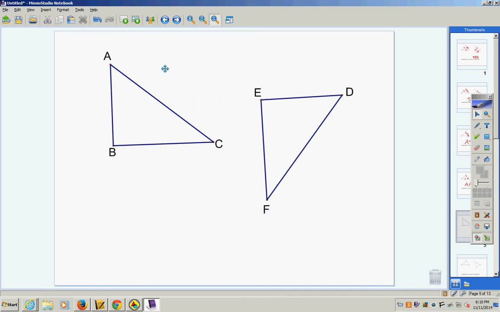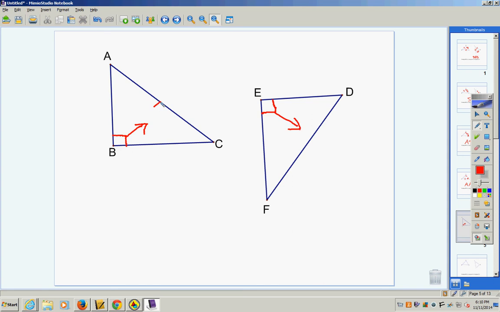Okay, so you know those triangles are congruent, right? All right, but in order for these to be congruent, I'm going to label a couple things. First of all, we know that these are right angles because these are perpendicular. So this is a right angle and this is a right angle. Okay. Now, if the hypotenuse, think about what's the hypotenuse. Remember, the right angle always points to the hypotenuse.